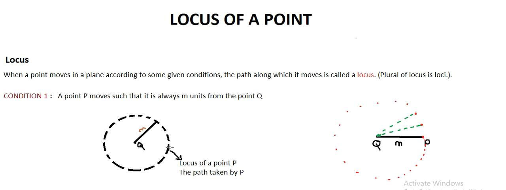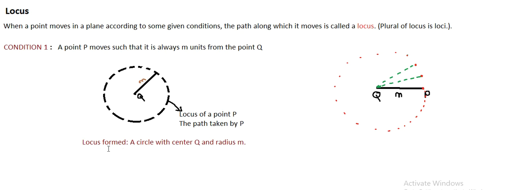The path here is this circle, because if we take any point on this circle, the distance between Q and that point will always be m unit, because m is the radius of this circle. So the locus here is this circular path. This is the path taken by the moving point P. Therefore, this is the locus of the point. So here the locus formed is a circle with center Q and radius m.